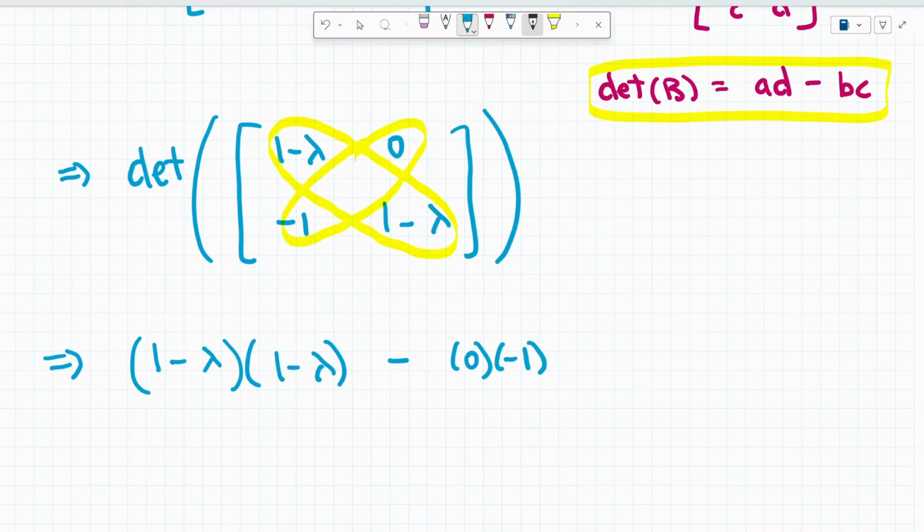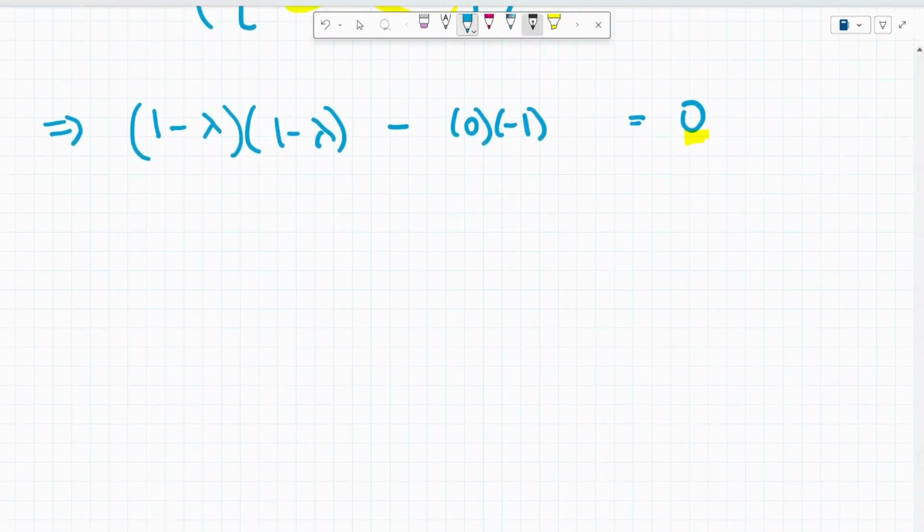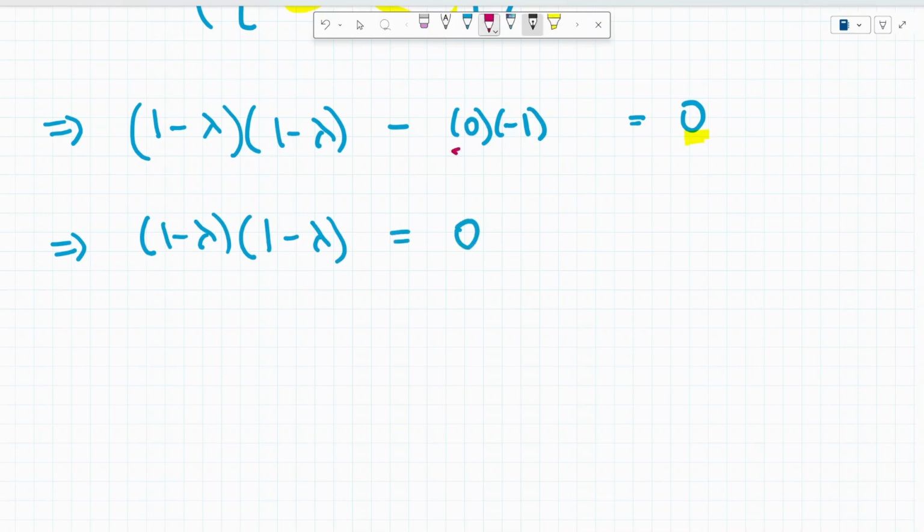And remember, part of this strategy is we have to set this equal to 0 and solve for the eigenvalues. If we simplify this, we end up with 1 minus lambda times 1 minus lambda equals 0, because this whole piece over here goes away. This is wonderful.